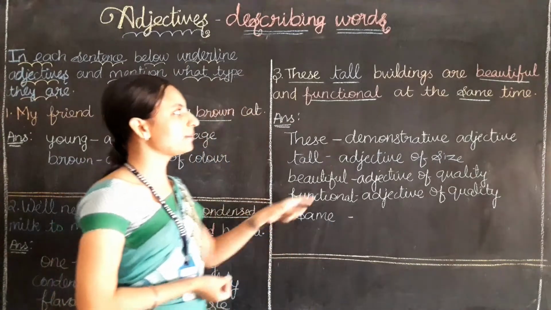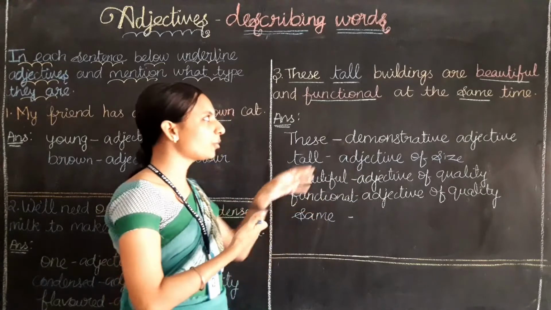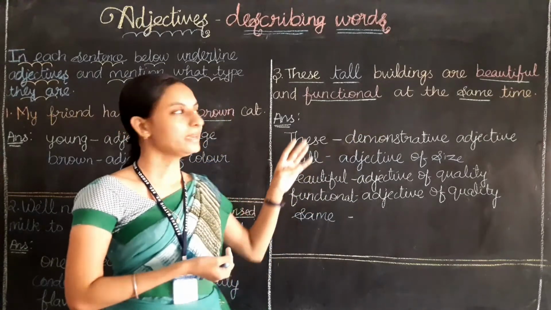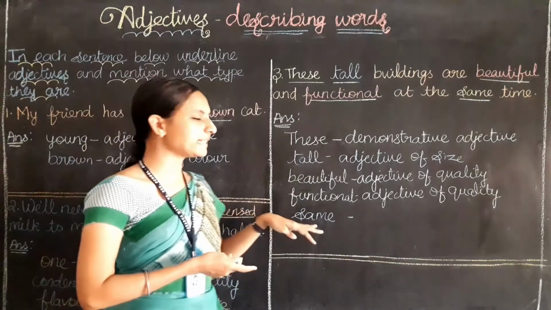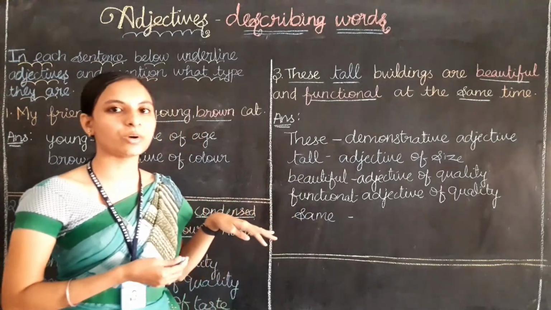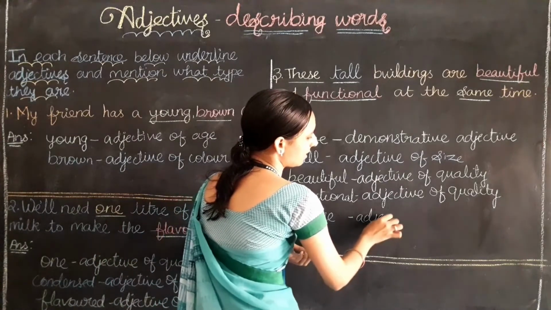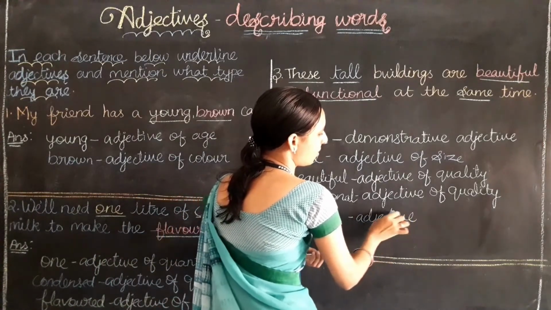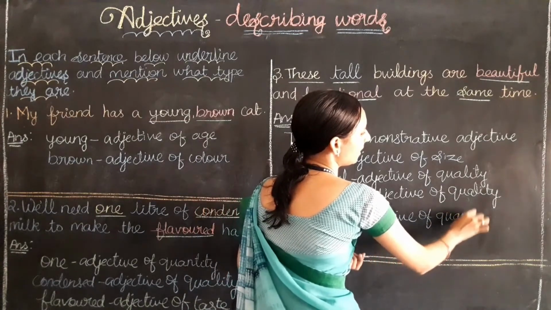Same is also an adjective. It is used to describe the noun, that is the building. So we are going to write the answer for same, that is adjective of quantity.